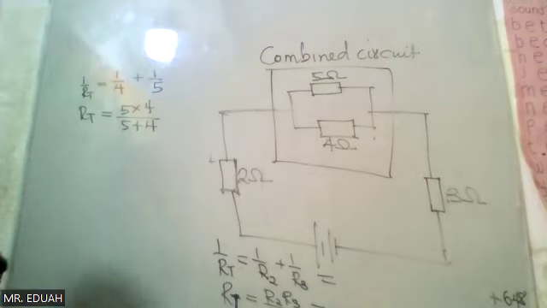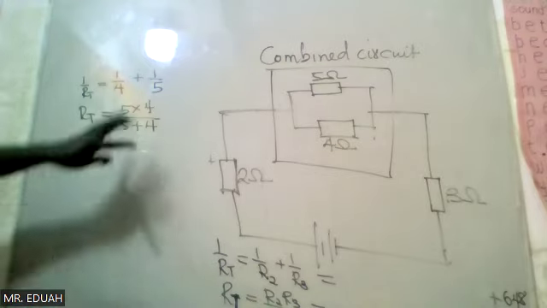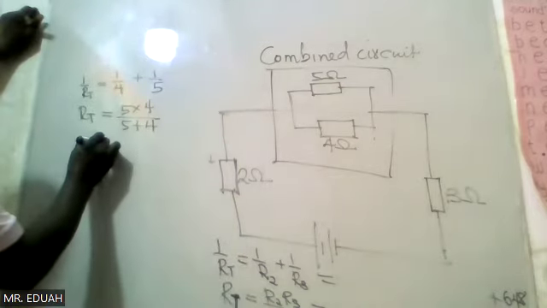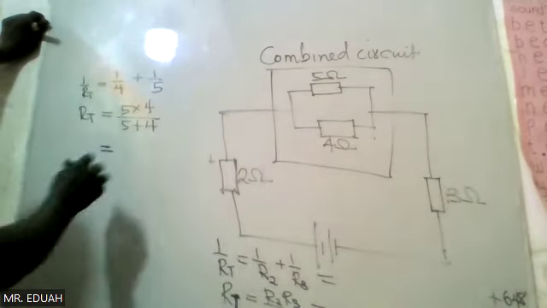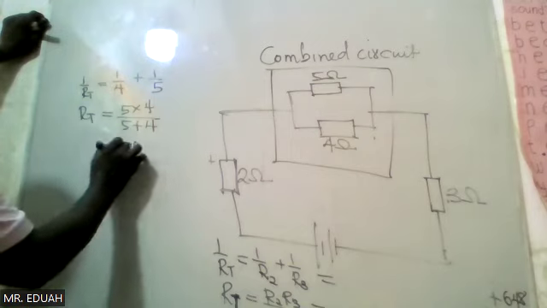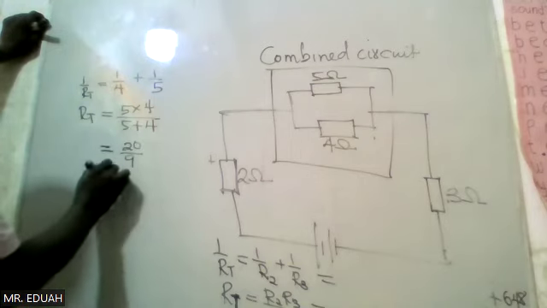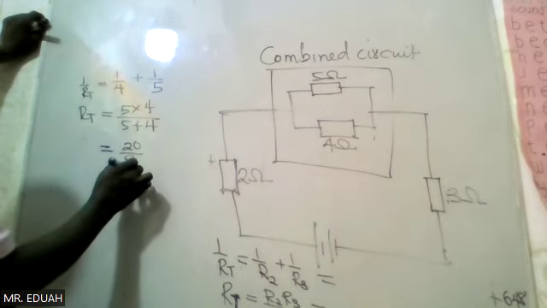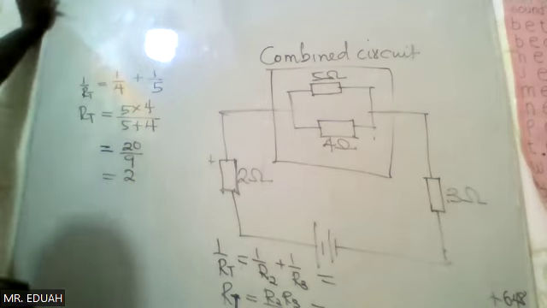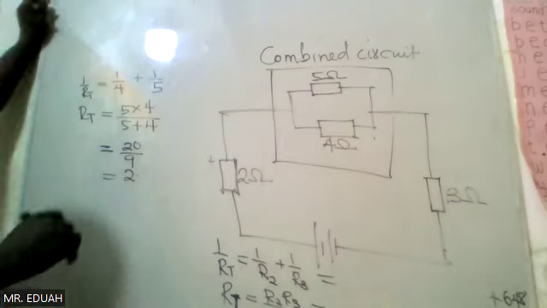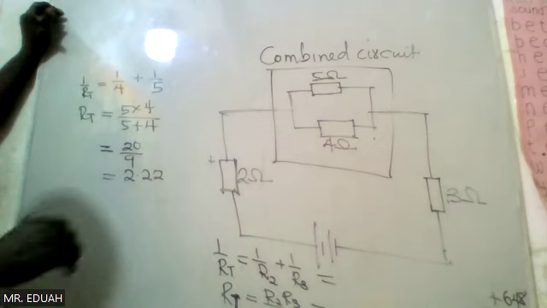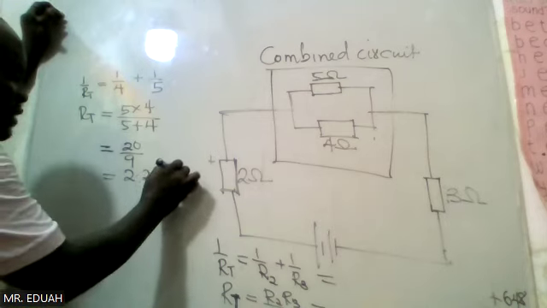Please do not forget that this method applies to only two resistors. If there are three, it will not work. So I have 20 over 9. And what is 20 over 9? This is 2.222, correct? Yes, please.